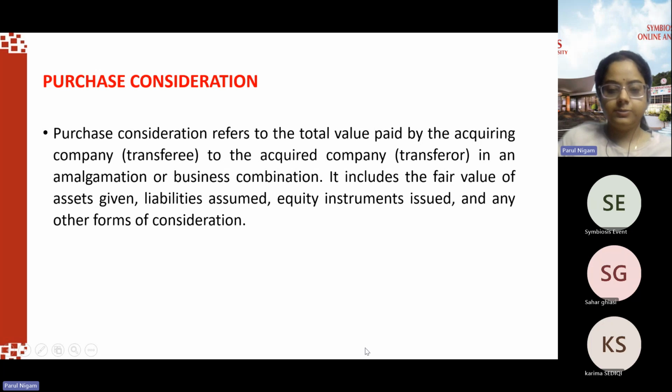Okay, so that is basically your purchase consideration, which refers to the total value paid by the acquiring company, which is the transferee, to the acquired company, that is the transferor, in an amalgamation or business combination. So it includes the fair value of assets given, liabilities assumed, equity instruments issued, and any other forms of consideration. So that is purchase consideration.